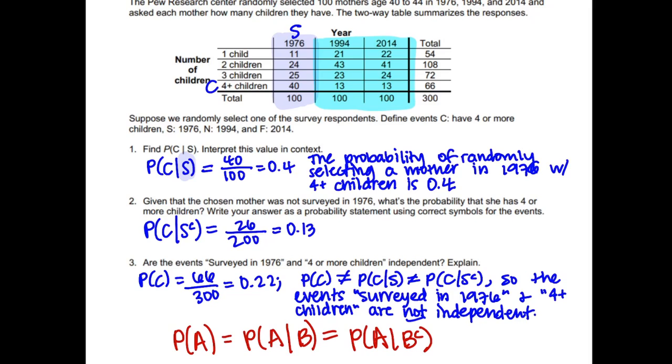So in this case, whether we're looking at 1976 or the 2 other years, the proportion of women who have 4 or more children should still be the same across those 3 years if they're independent. But it appears that in 1976, there was a higher proportion of people with 4 or more children.